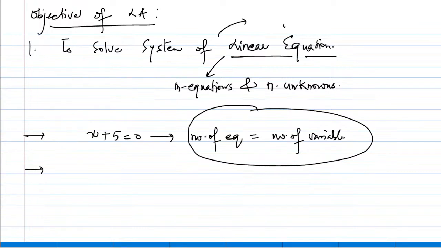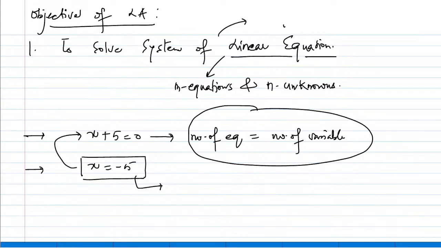What is the solution of this equation? The solution is nothing but x equal to minus 5. This is a unique solution. The value of x is only minus 5, and if you plug this value back into the equation, it will satisfy it: minus 5 plus 5 is 0.